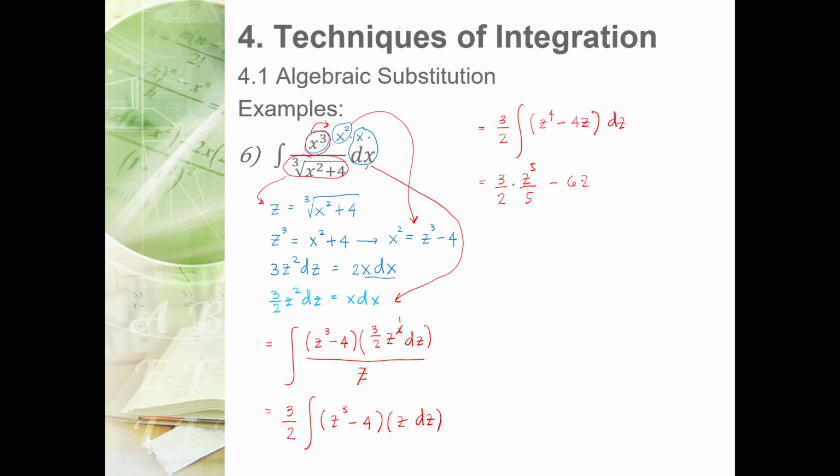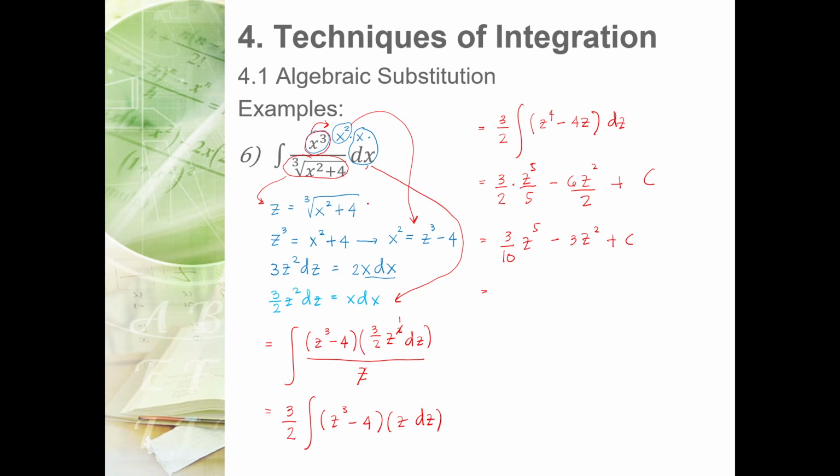So 6 z squared over 2 plus c. So simplifying, we now have 3 over 10 z to the power of 5 minus 3 z squared plus c. So 6 over 2 is 3.